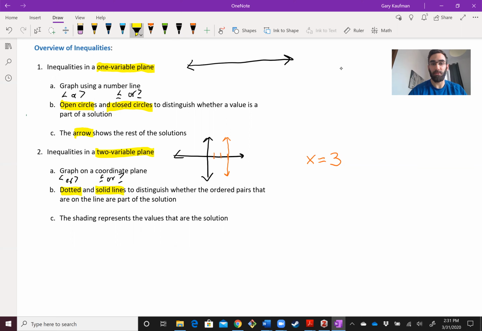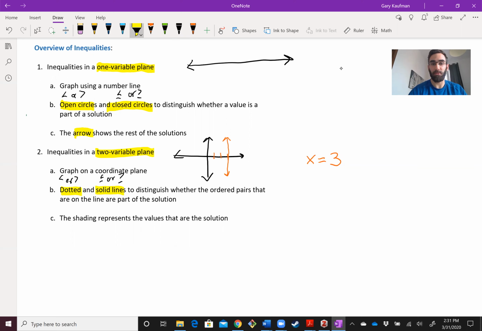Now, I often refer to it as TP, because then I think toilet paper and it makes me laugh. Now we can pick any test point on either side and I will know which side to shade. For example, let's say I pick the ordered pair (-3, 0). Well, this is on the orange side, so I'm testing the orange side.